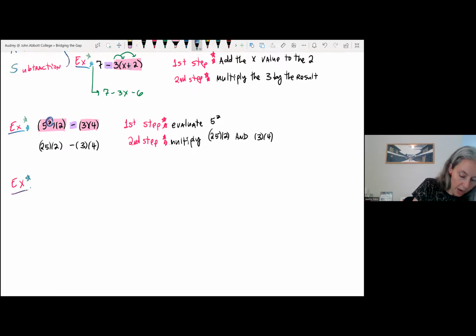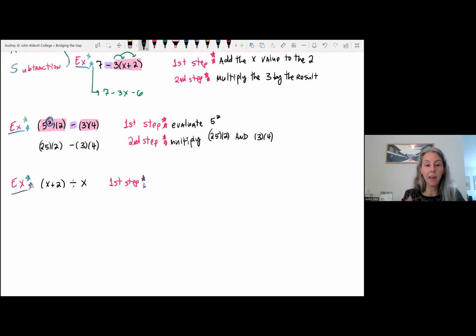So maybe I would have x plus 2 divided by x. And that's how you would write it. And when I write it like this, the parentheses around the x plus 2 are really important because they tell me that my first step is to deal with those parentheses. So my first step here would be to add the x and the 2 together.